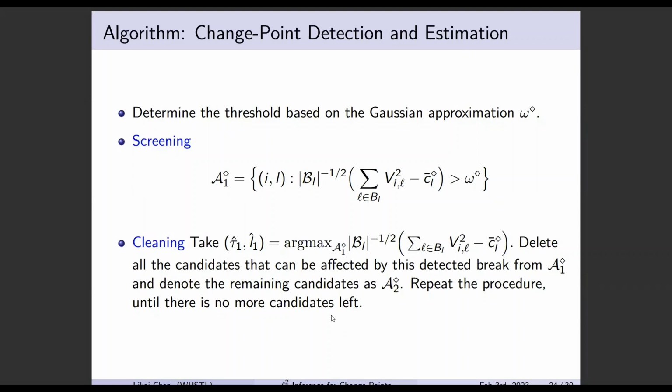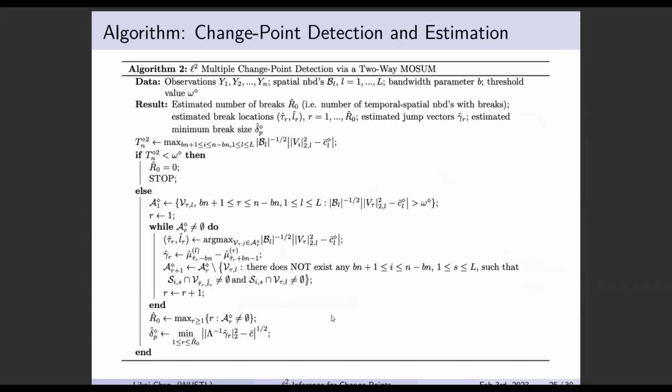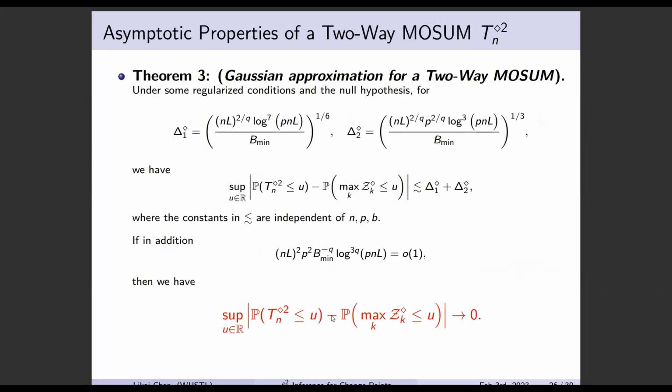From the remaining candidates, we pick another largest pair that maximizes the statistic, and we repeat the procedure until there are no candidates left. This is the detailed procedure, which I want to omit because there are too many notations here. Through this procedure, we can determine the break locations as well as the time points.